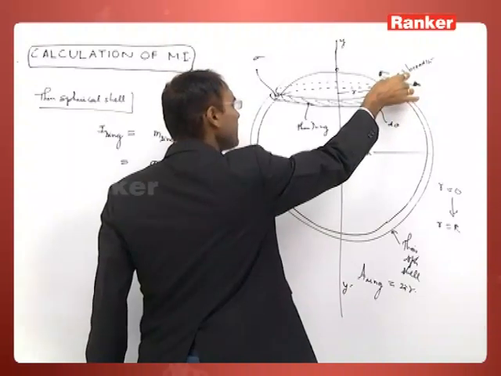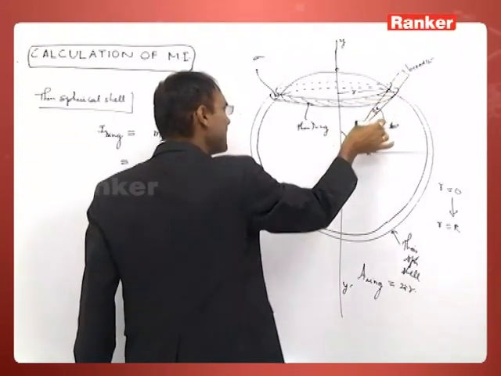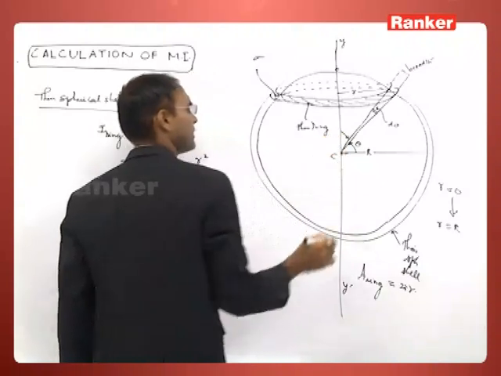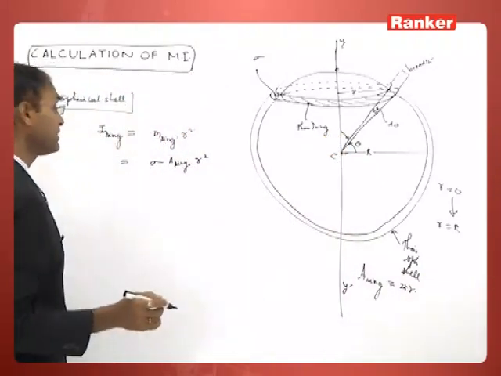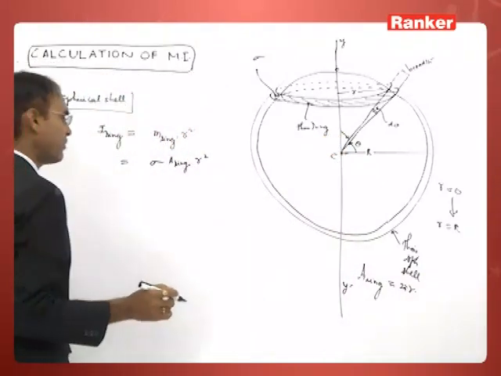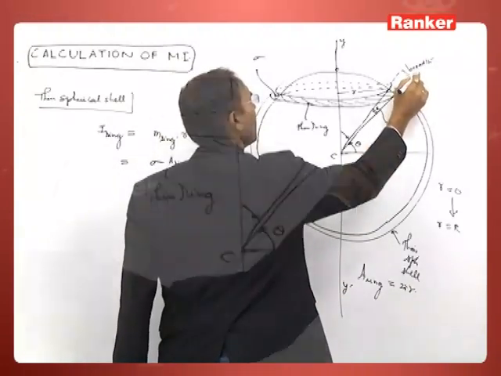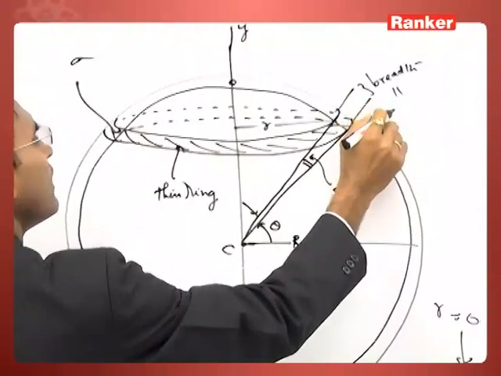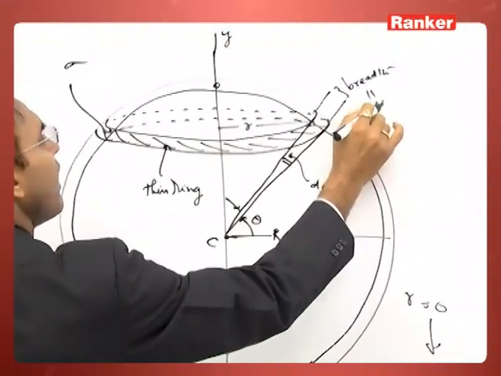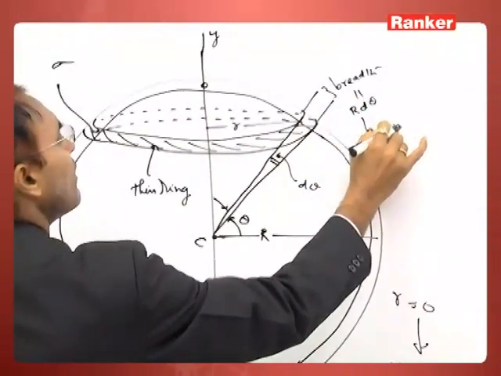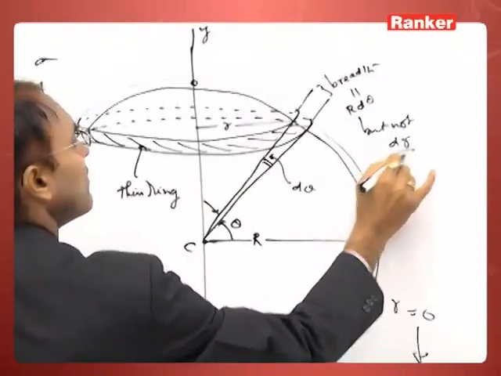The breadth of the ring subtends an angle d theta at the center of the thin spherical shell. Therefore, the breadth of the ring is equal to R d theta, but not dr.